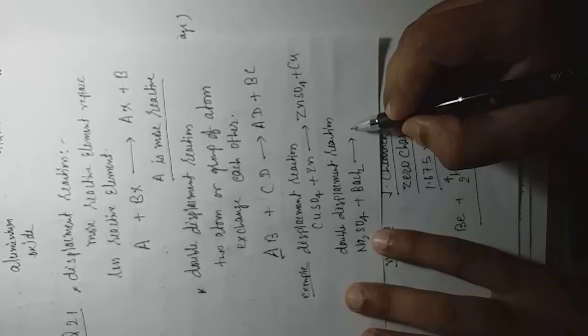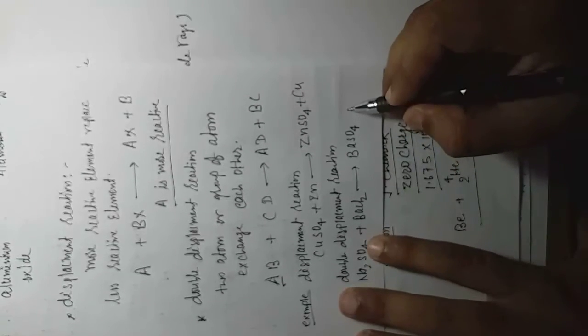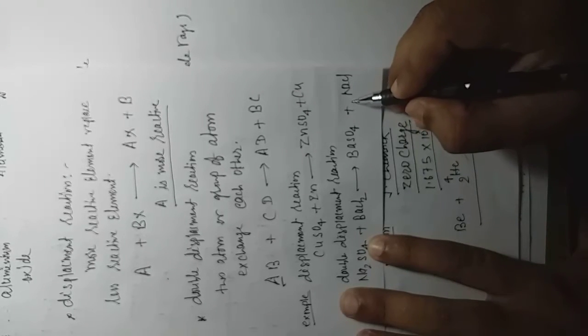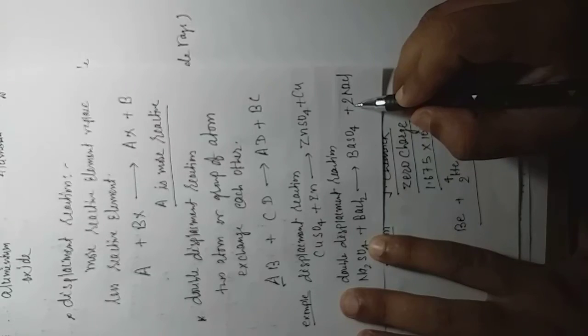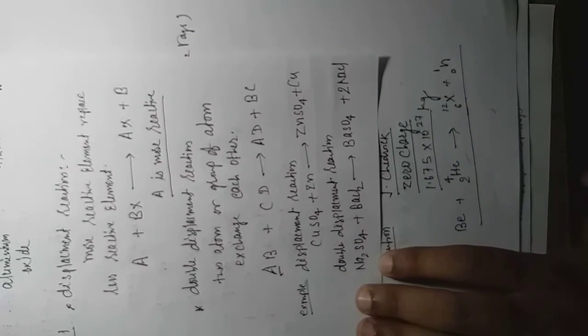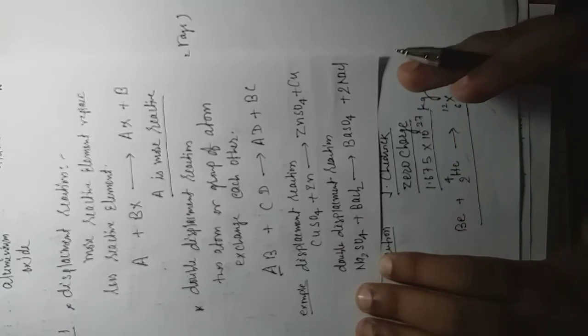It makes a product BaSO4 plus NaCl. You can balance by applying numbers, which indicates that the number of atoms on the left hand side of the reaction is equal to the number on the right hand side.